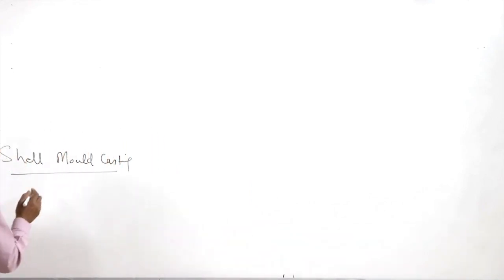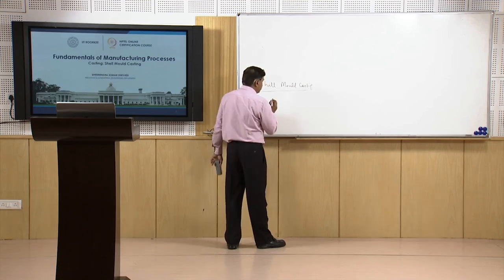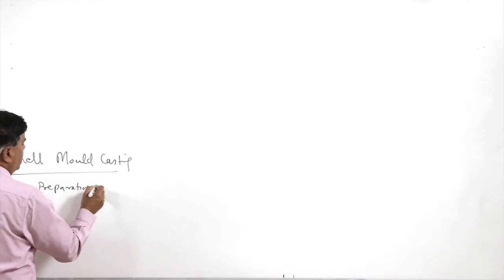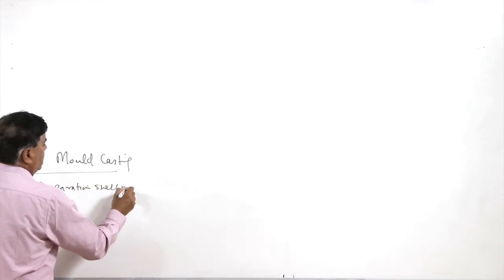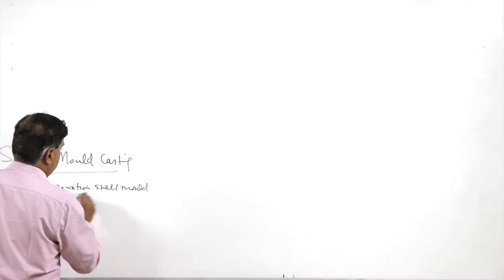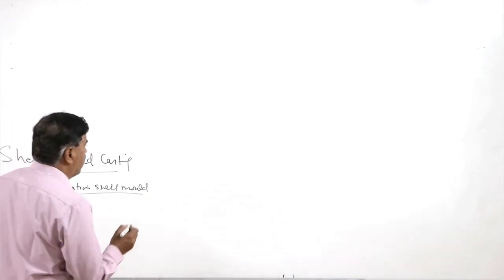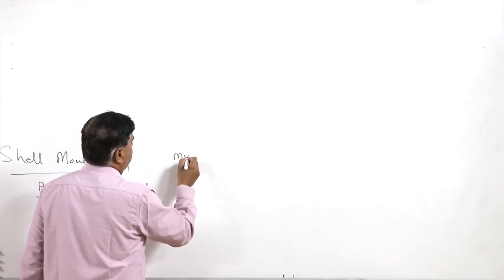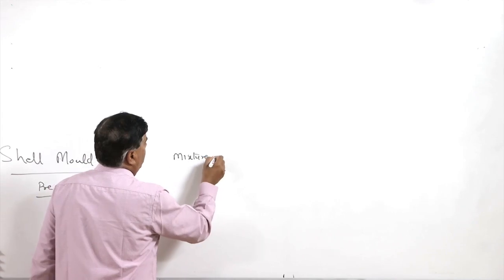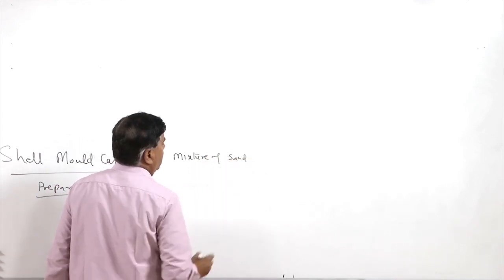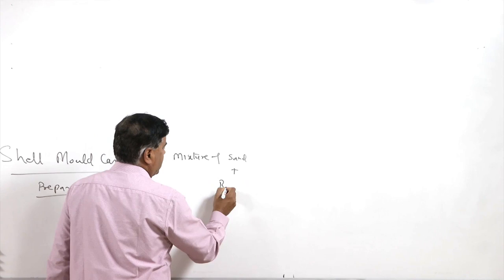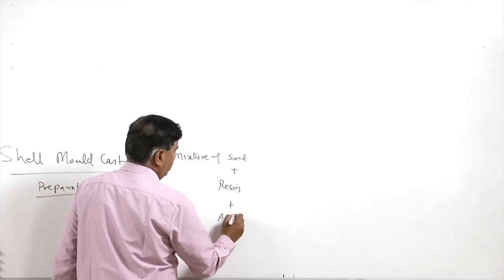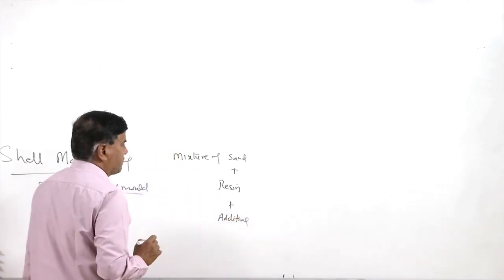So, the main part related to this casting process is preparation of the shell mold. What we use for preparing the shell mold is basically a mixture of sand plus resins plus additives. This mixture is first prepared.